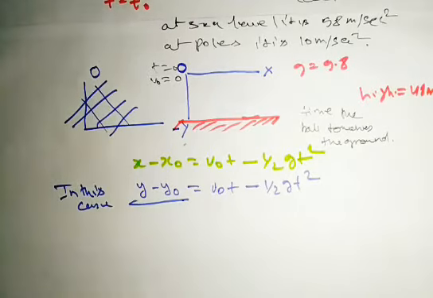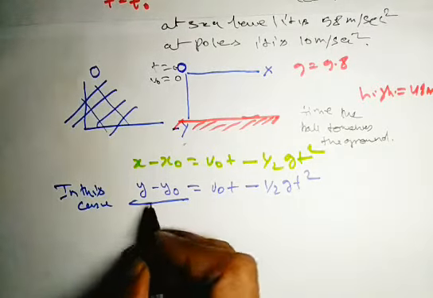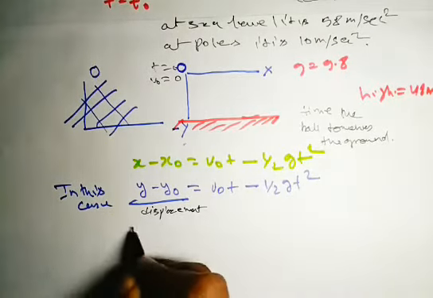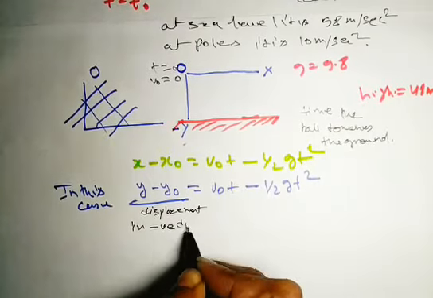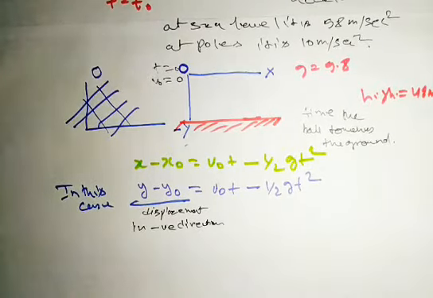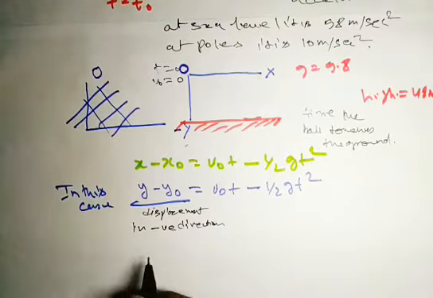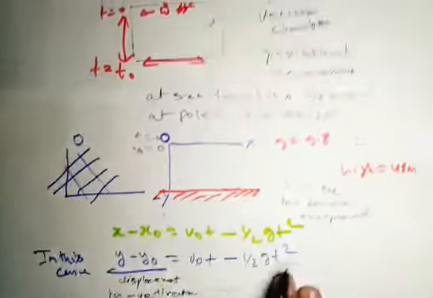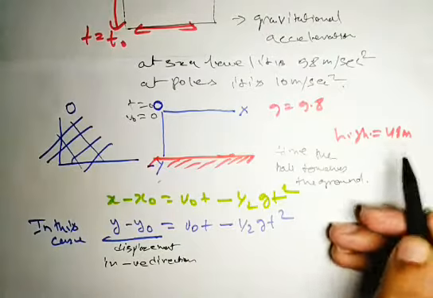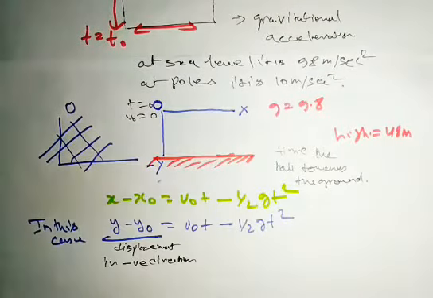Here y minus y naught is a displacement in the negative direction, so we always take it as a negative quantity. So let's put some values. y is 48 meter, the distance.